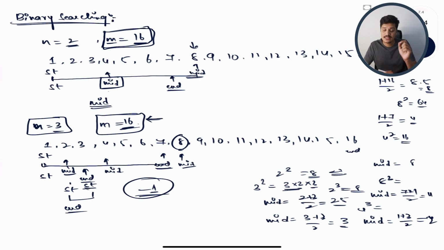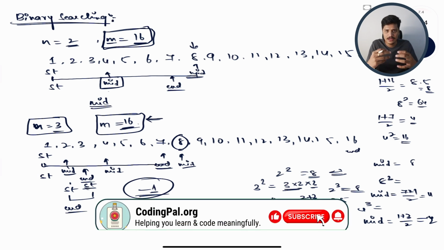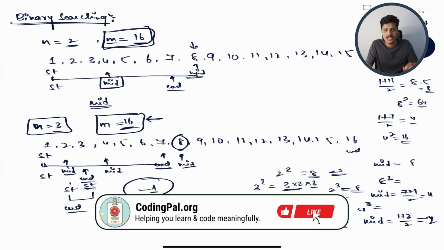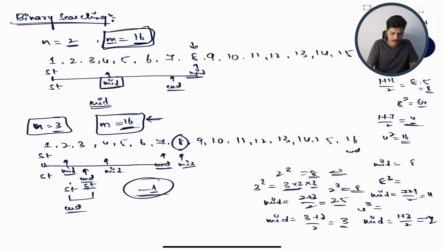Okay, so this is the binary searching technique for finding the nth root of the given number according to the problem statement. Remember, once we find the middle, we will compute middle power n. If we are getting the given value of m, that is the result, so we can return that.